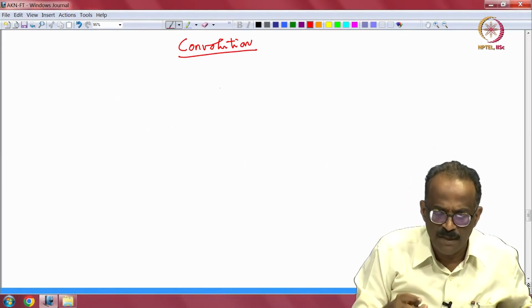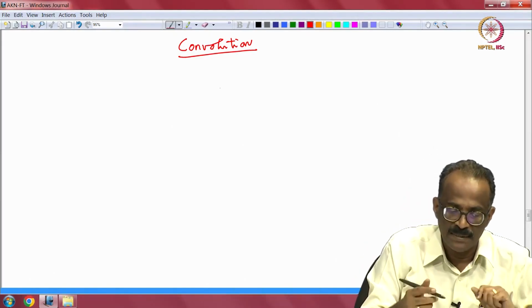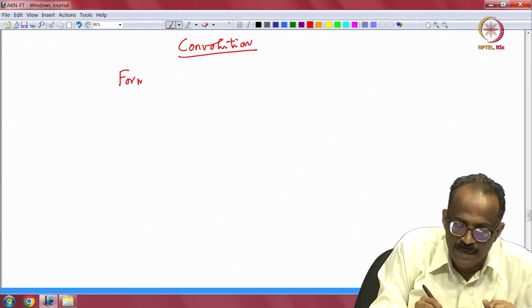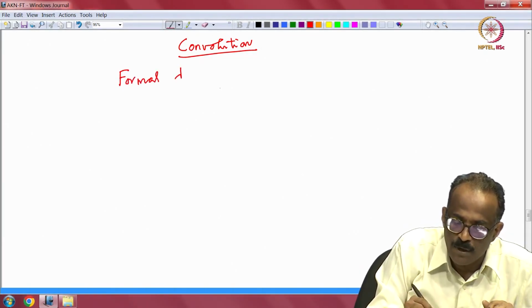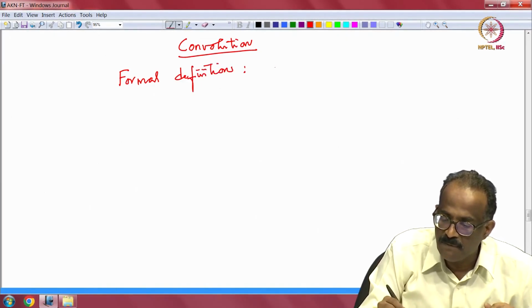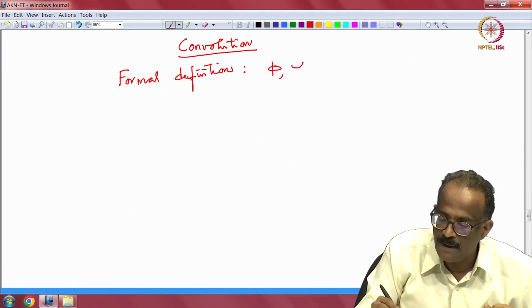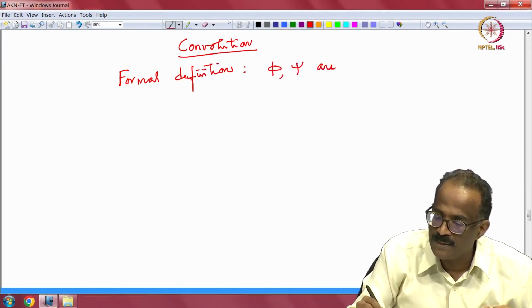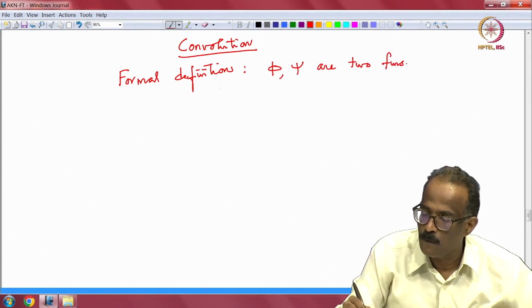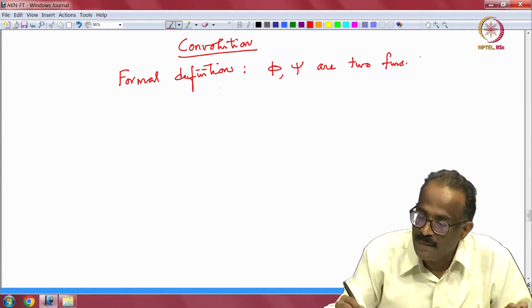So let us begin with a formal definition. When it is valid etc., we will slowly do it. So what is the formal definition? Since you have already used it, formal definition: if phi, psi are two functions, validity we will check, defined on Rn.